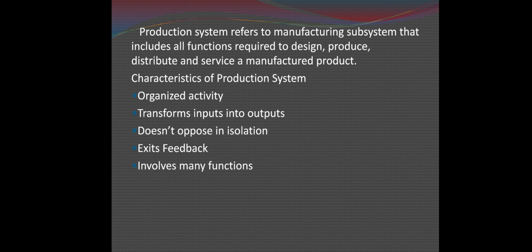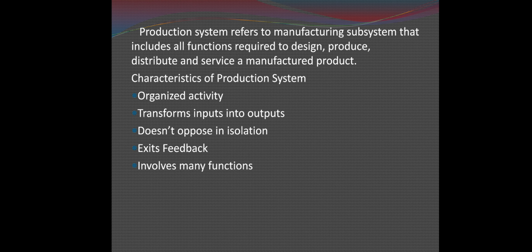If activities are organized in a good manner, then only we can get a quality product at a standard or optimum cost. The second characteristic is that it transforms inputs into output. Very obviously, as we discussed, manufacturing means transformation of inputs into outputs. So this process transforms all inputs into output, and our output can be a product or services.